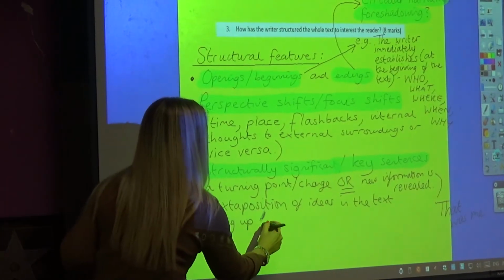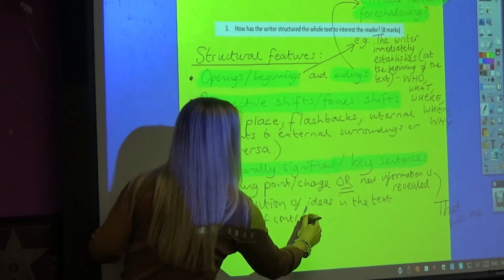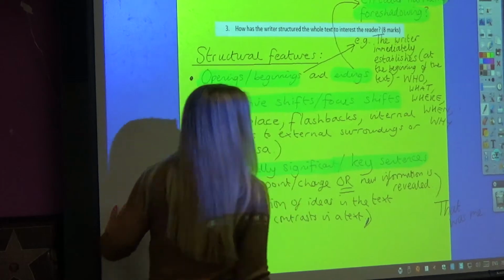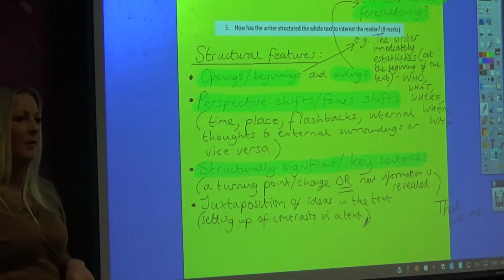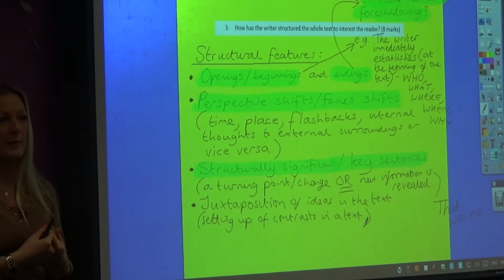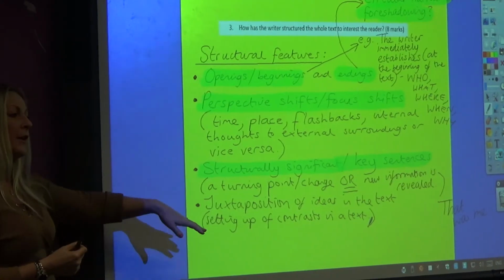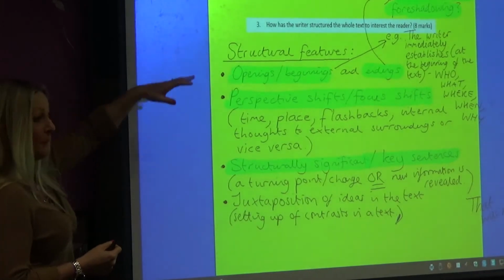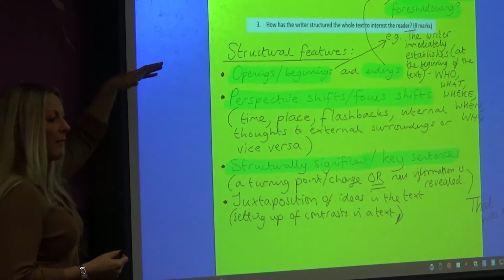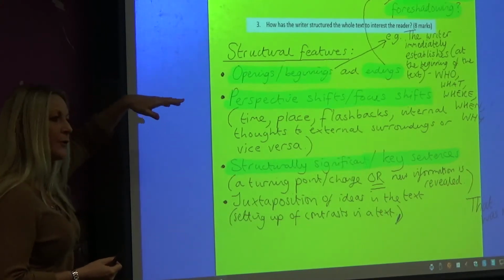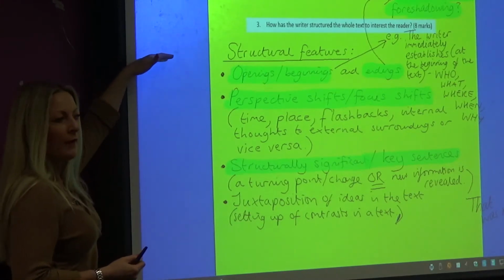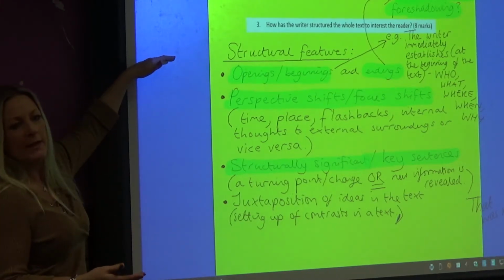So it is the setting up of contrasts in a text. It is not an oxymoron. An oxymoron is a language feature where you have two words next to each other that are opposites. Juxtaposition can be where you have, for example, in another text that I've looked at for revision, a young girl who talks about her relationship with her mother in the second paragraph, and that relationship is presented really negatively.